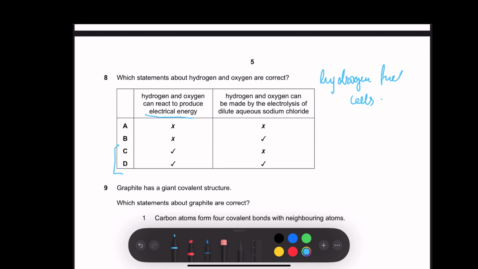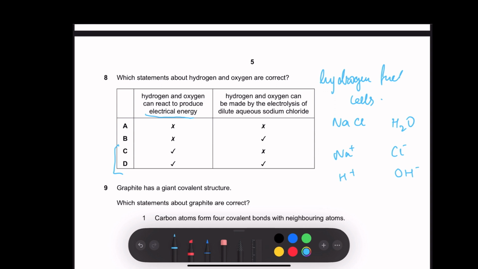Hydrogen and oxygen can be made by the electrolysis of dilute aqueous sodium chloride. So let's see, when we have dilute aqueous sodium chloride, so we have sodium chloride and then we also have water. So basically we have Na plus and H plus, then we have Cl minus and OH minus.